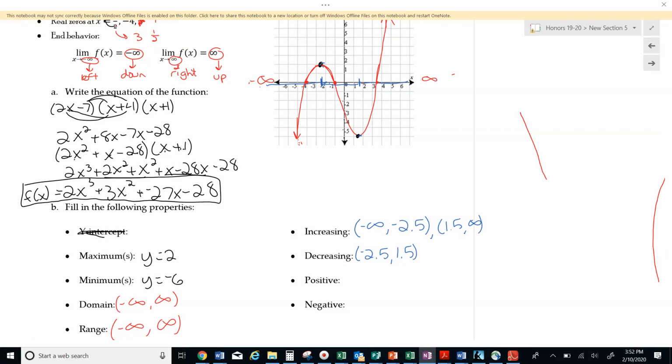Again, positives and negatives. I'm going to start at negative infinity again, but now this time I'm stopping at my x-intercepts. From negative infinity until, oops, I went way past my first x-intercept, sorry. There's my first x-intercept, right? So from negative infinity to negative 4, I'm below. Then from negative 4 to what looks like negative 1, that is above.